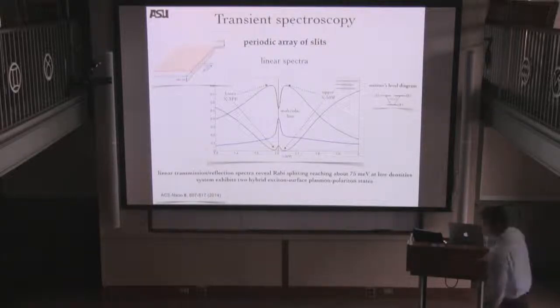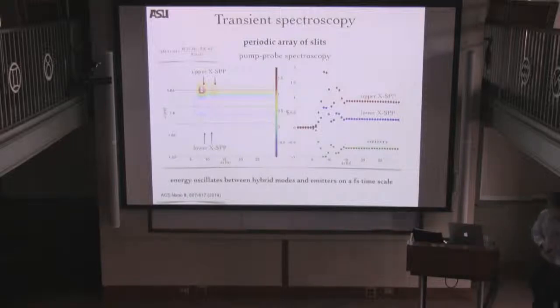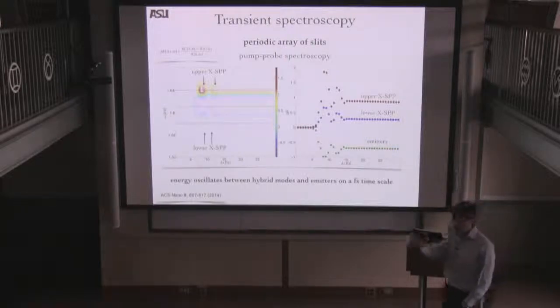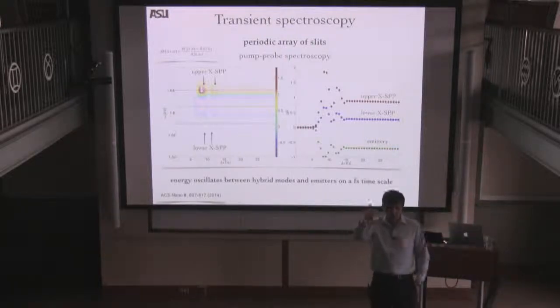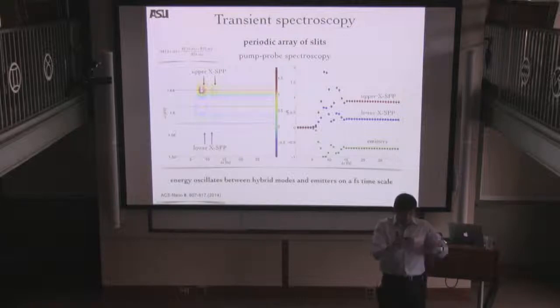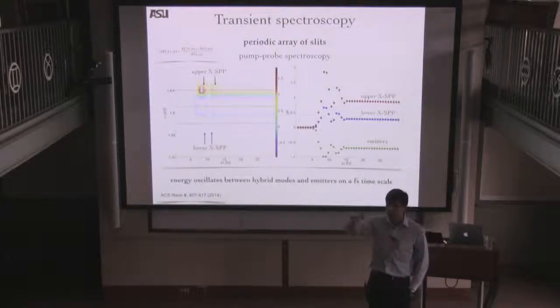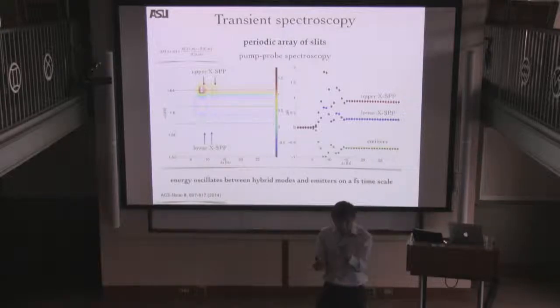Okay, so now what I'm doing, I'm pumping the system with a 15 femtosecond pulse with intensity high enough such that the population of my emitters inside this pulse is non-zero. Okay? So I have really Rabi cycling. So if I do this femtosecond excitation of a single emitter, I will see this really nice Rabi cycling.